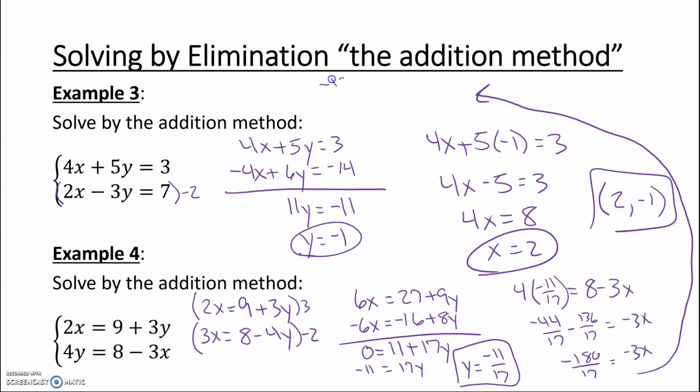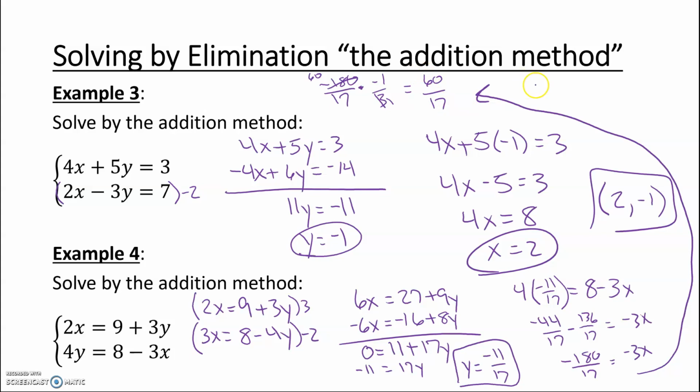So -180 over 17. If you're dividing by -3, that's the same as multiplying by -1/3. So the negatives are going to cancel out. We're going to get positive. 3 is divisible by 3, and so is 180. So you're going to wind up with 60 over 17.